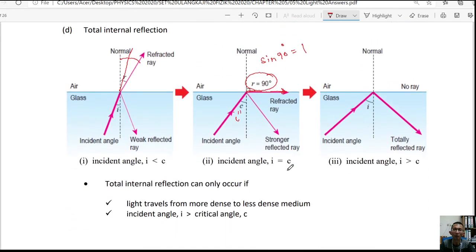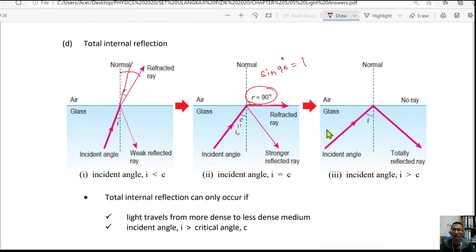Now what happens if my angle of incidence is greater than my critical angle? I don't have anything coming out from the glass, so there is no refraction. But the light will be reflected inside the glass. So here I have no refraction, but I have reflection.